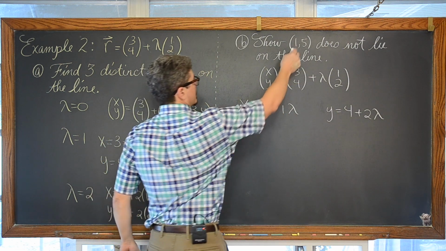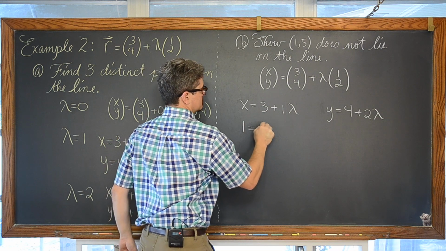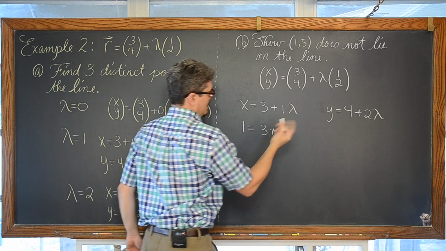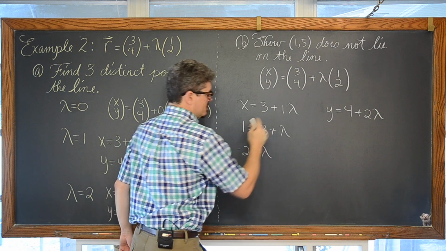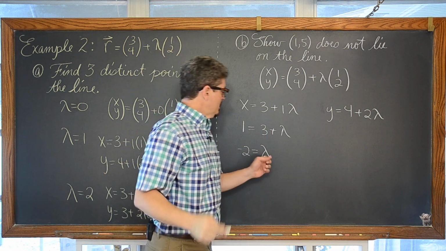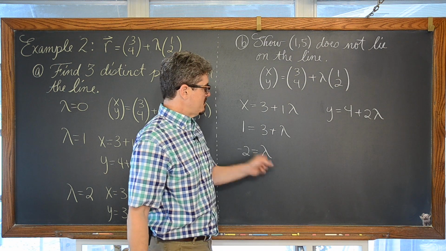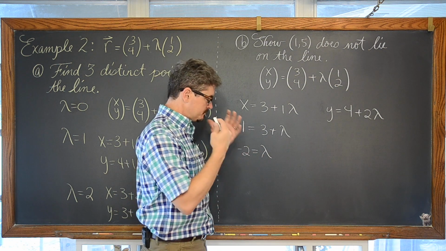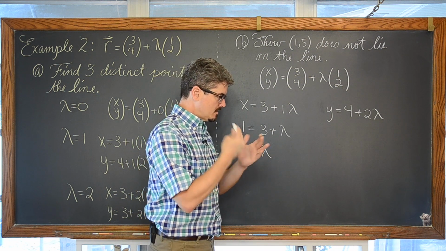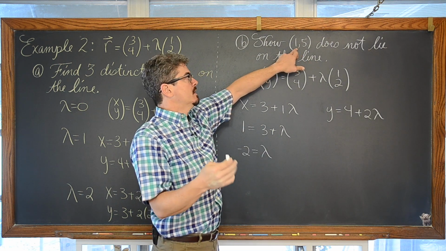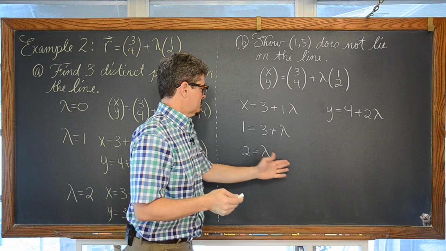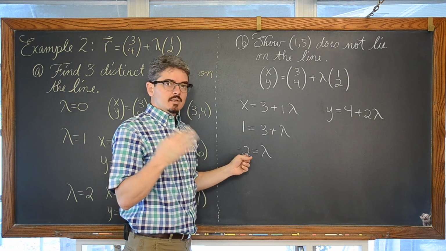But we have x is 1. And after subtracting 3 from both sides, we have -2 is equal to lambda. Okay, so if -2 is equal to lambda, to get specifically the x-coordinate of 1, lambda's not always equal to -2.